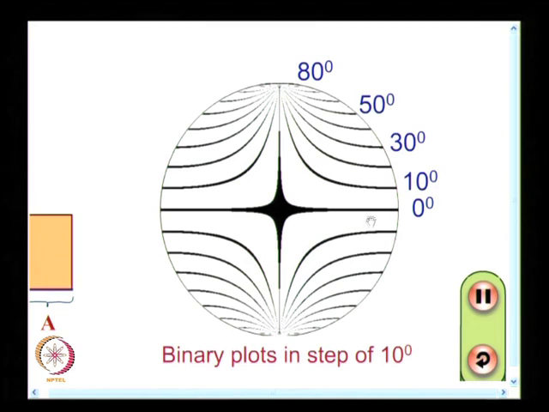So, I have a 0 degree isoclinic, 10 degree isoclinic, 20 degree isoclinic, 30 degree isoclinic, and so on. And we call these isoclinics. Iso means constant, clinic means inclination, so isoclinic means contours of constant inclination. Constant inclination of what? Constant inclination of principal stress direction.